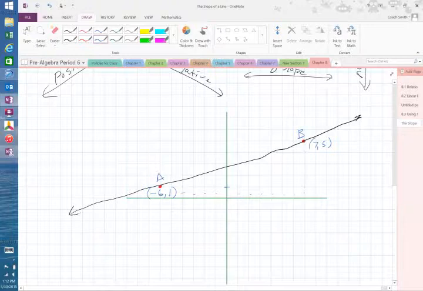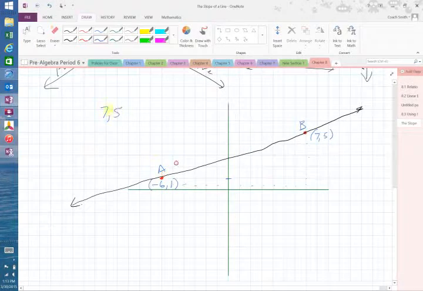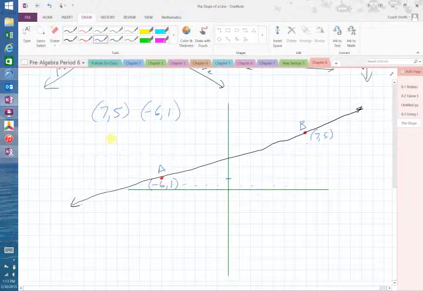So we can find the slope for this line by simply plugging those points into our formula. Here are my coordinates. My y's are on top, so 5 minus 1 on top.